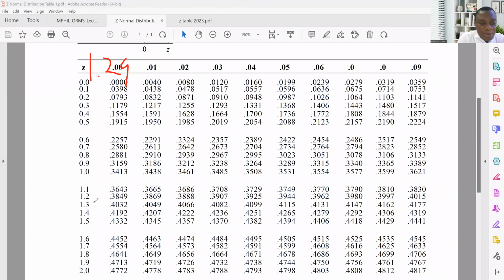The 0.9 continuation you pick at the top: 0.0, 0.1, 0.2, all the way up to 0.9. So this 0.9 is a continuation of the 1.2. You are looking for 1.2 under 9.